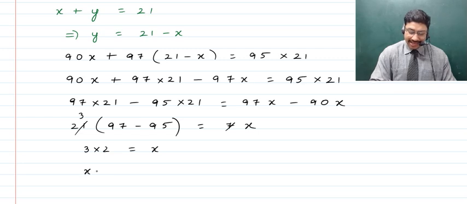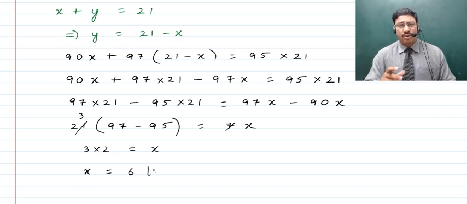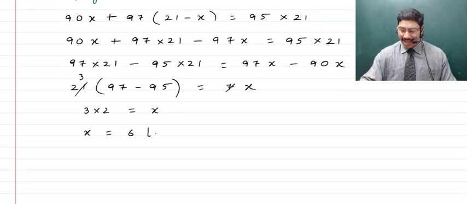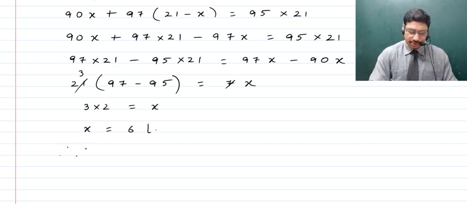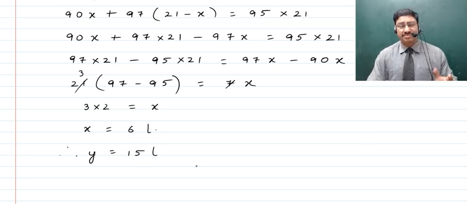Or in other words, x can be written to be equal to 6 liters, because remember, we have to write the unit of x as well as that of y. And since the total amount of the acid solution came out to be 21, y must be 15 liters. So the sum of both of these becomes equal to the 21 liters of 95% acid solution.